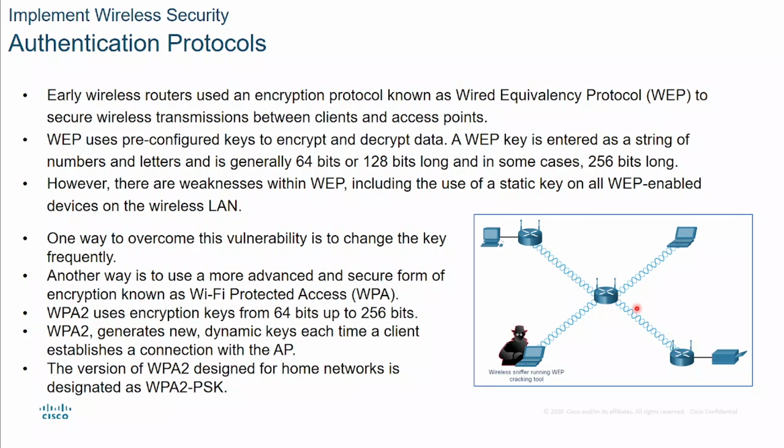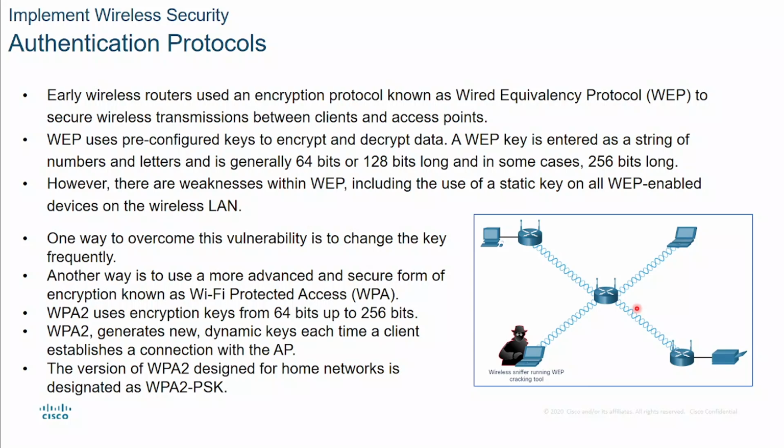This Wired Equivalent Privacy protocol also came with some weaknesses, which include the use of static keys on all WEP enabled devices. All WEP enabled devices had the same key. One way to overcome this was when WPA was introduced. That's Wi-Fi Protected Access.